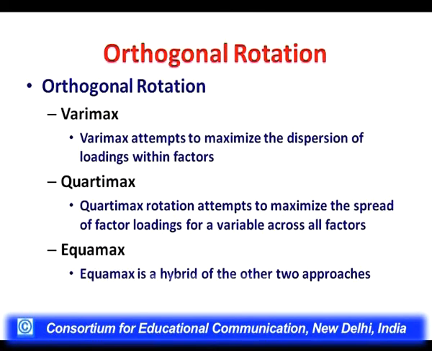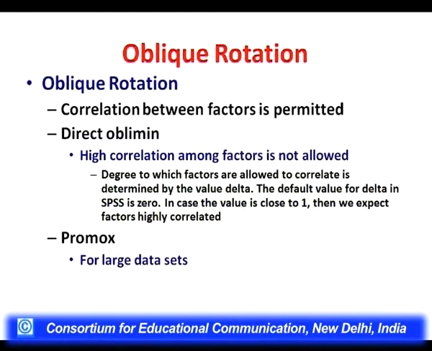Varimax. Varimax attempts to maximize the dispersion of loadings within factors. Quartimax. Quartimax rotation attempts to maximize the spread of factor loadings for a variable across all factors. And then Equamax. Equamax is a hybrid of the other two approaches.